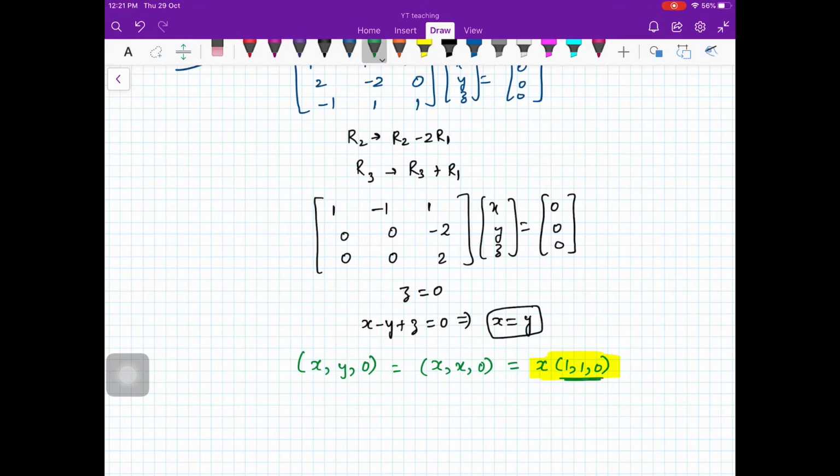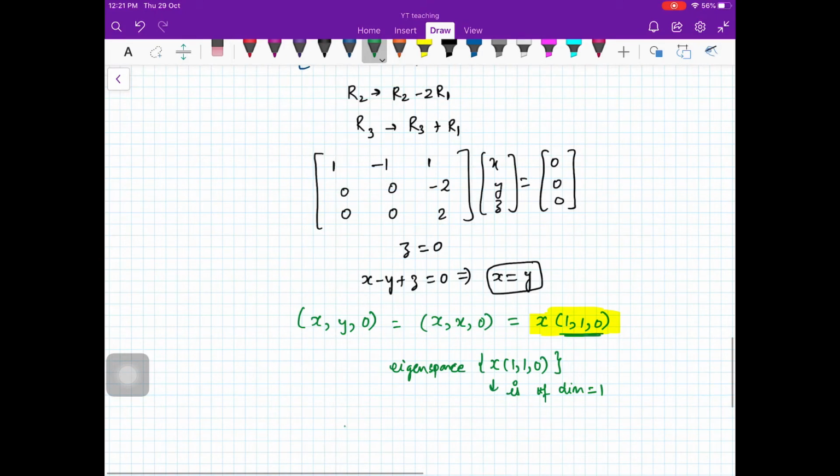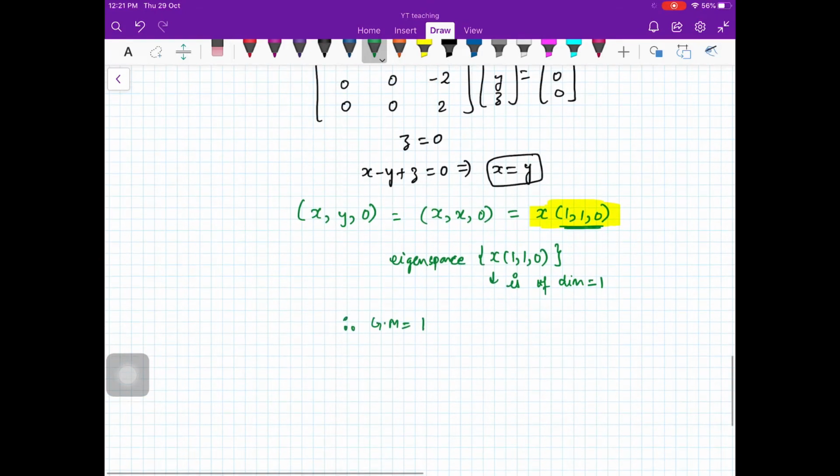You can clearly see this eigenspace, spanned by (1, 1, 0), is of dimension 1, therefore your geometric multiplicity is 1. So if the geometric multiplicity is 1, AM is not equal to GM, therefore your matrix is not diagonalizable.